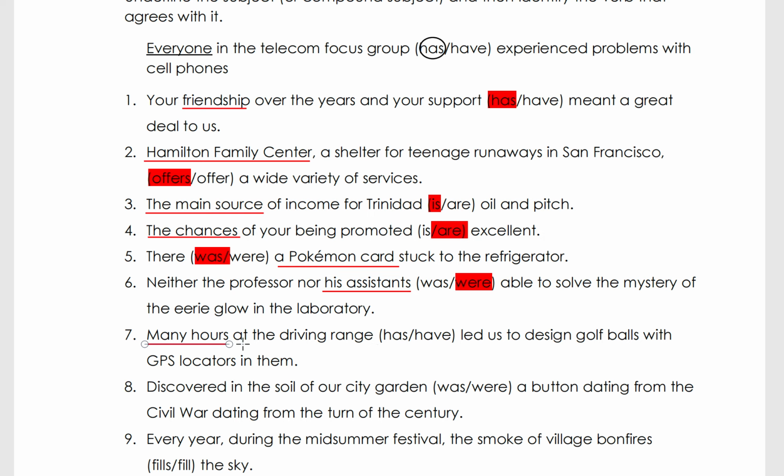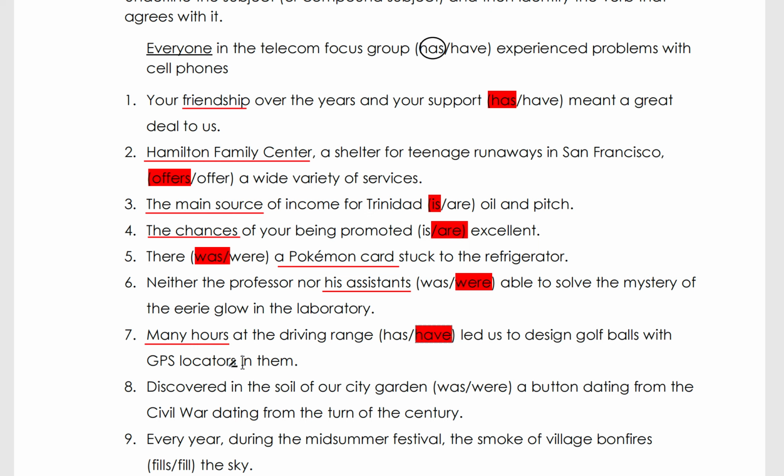Why? Because here it's a preposition. What comes after a preposition we call the object of the preposition, and it can't be a subject. So the answer should be "have," because many hours is plural, and you have to have a plural verb as well.